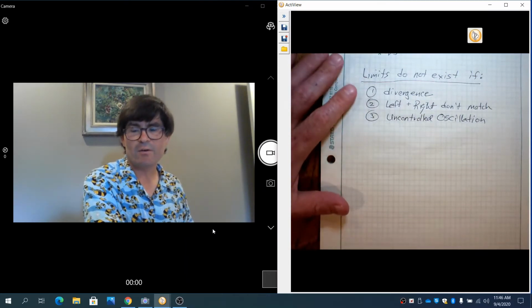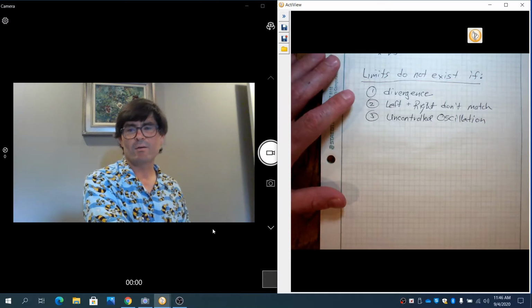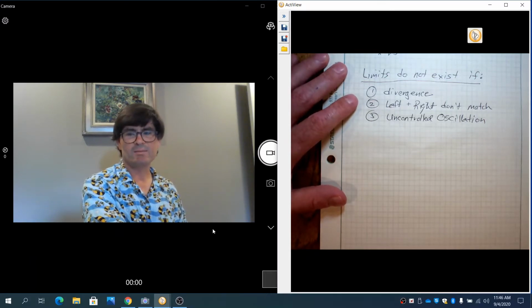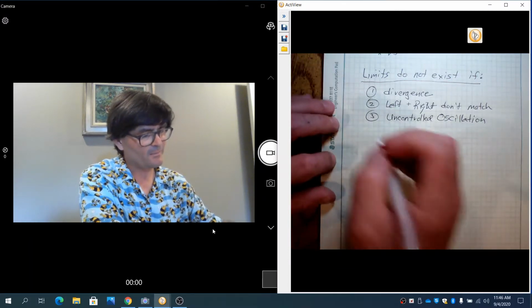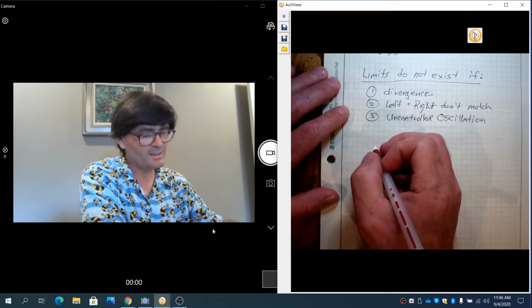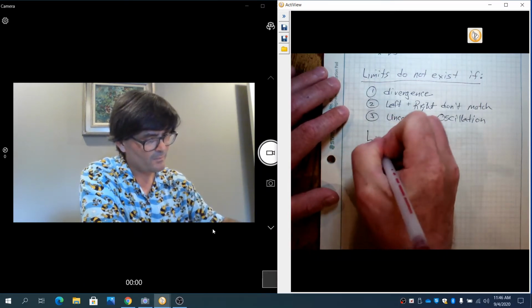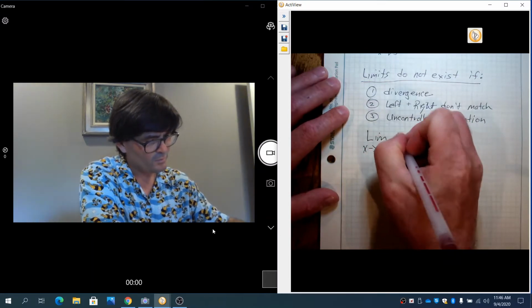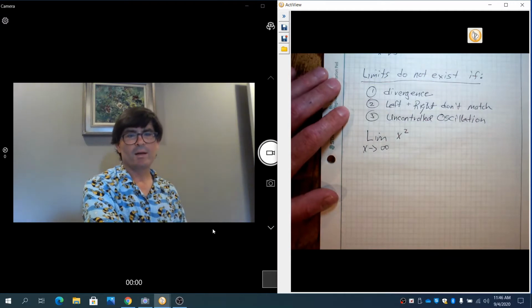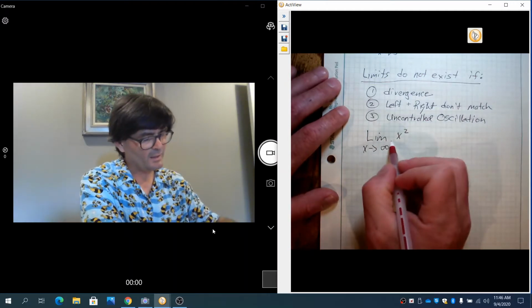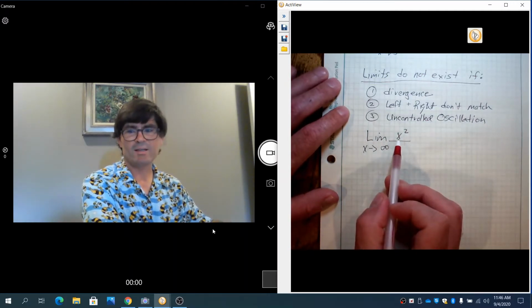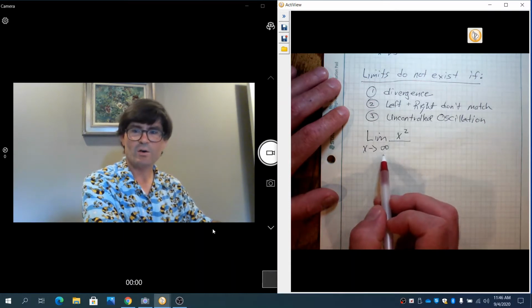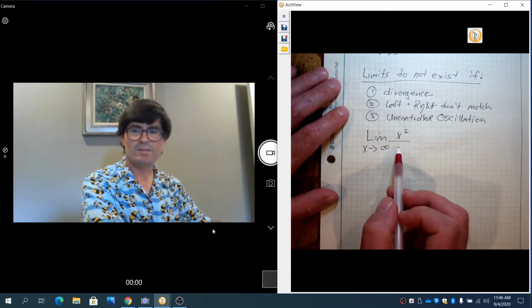For the first one, divergence: if you evaluate a limit and it seems to be getting larger and larger forever, the limit diverges and doesn't exist. Let's look at a really simple case, the limit as x goes to infinity of x squared. If you plug in numbers for x that get greater and greater as x goes far to the right, what happens to y?